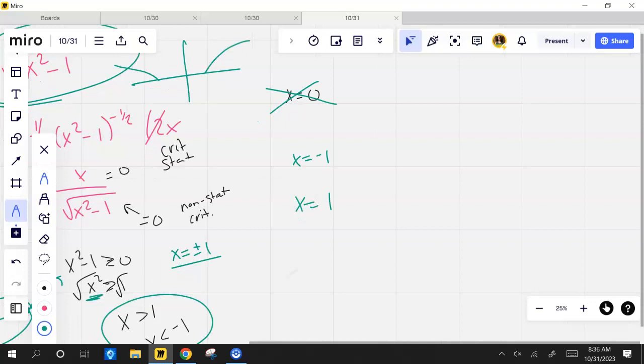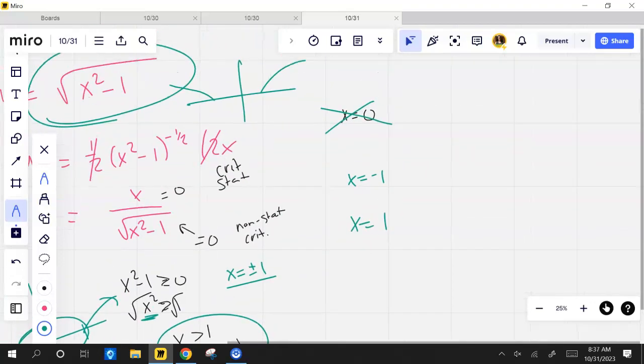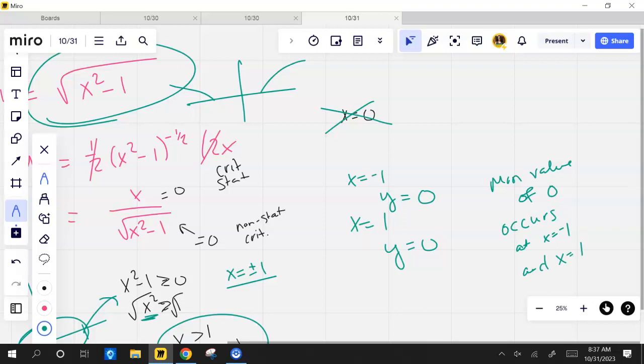All right. If you plug that in, you get 0 for both of them. So they're both minimums. You have a minimum value of 0 that occurs at x equals negative 1 and x equals 1.